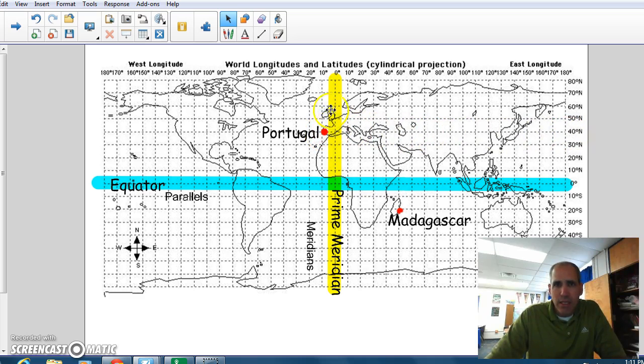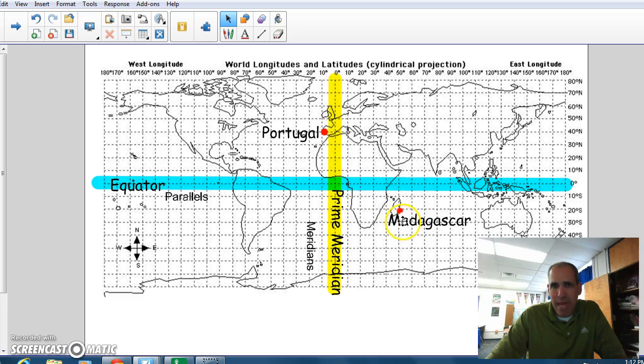And then it is 10 degrees, and this is west of the Prime Meridian. We look at the north lines. They are north of the equator, so this is 40 degrees north latitude, 10 degrees west longitude, or thereabouts, very close. So that would tell us where Portugal is located if somebody wanted to know.